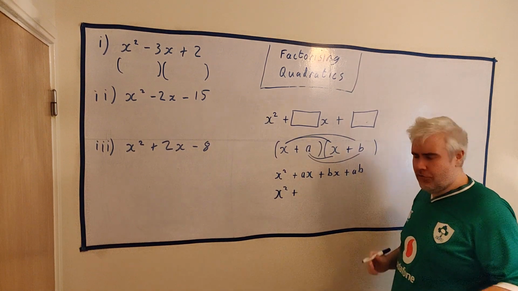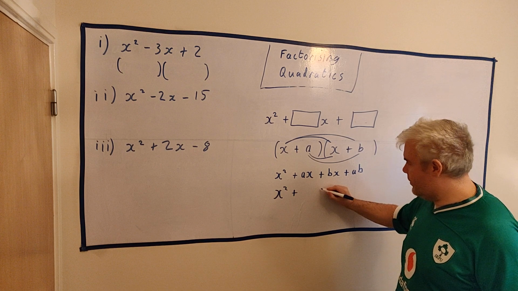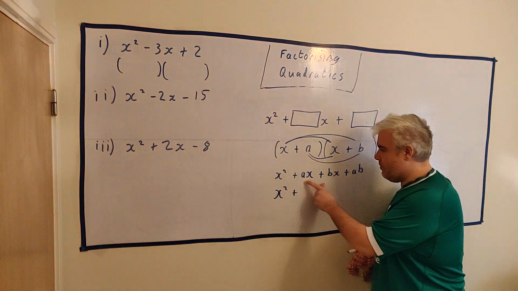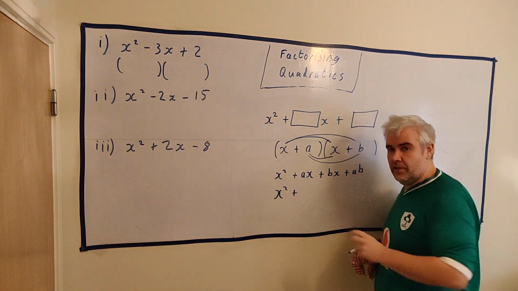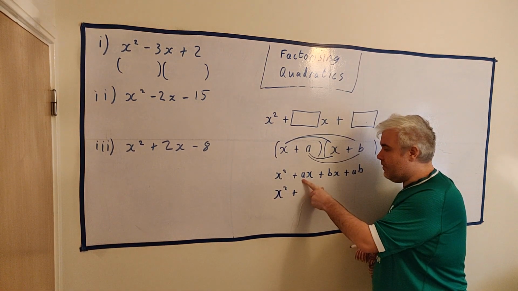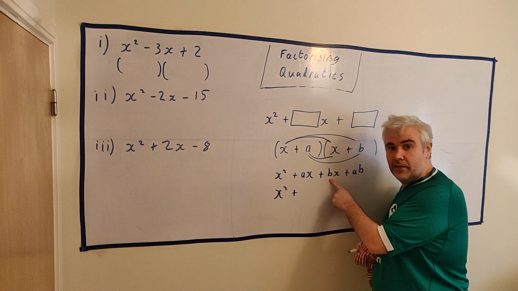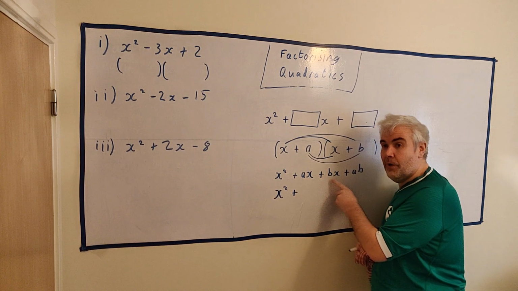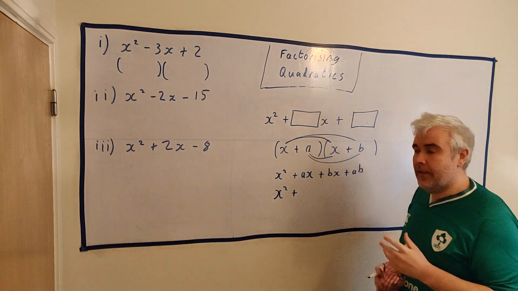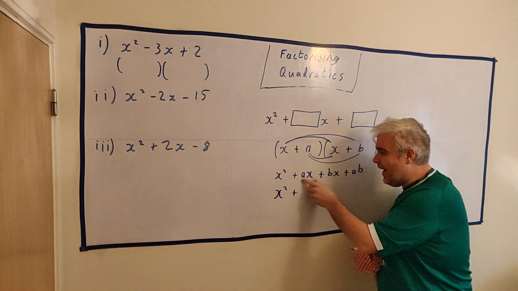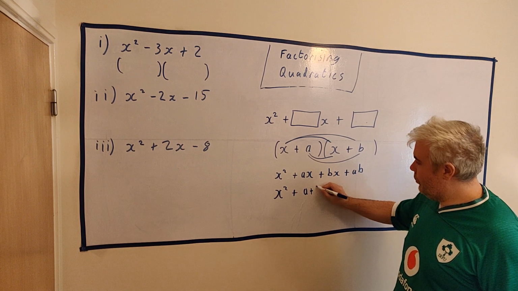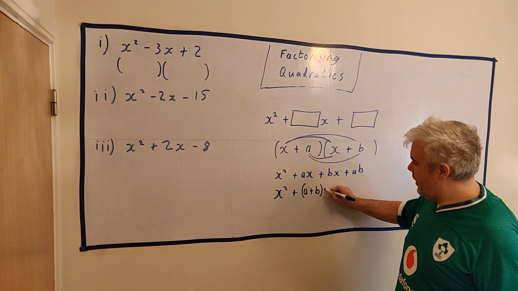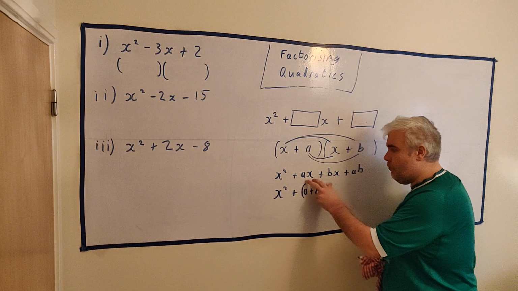Now here's where a lot of students get terrified at this. But if this was 2x and 3x, you'd get 5x, 2 plus 3. If it was 4x minus 1x, it would be 4 plus minus 1, so 3x. We just add these two numbers together, whatever they are. A plus B, x. That's how we've always done this.